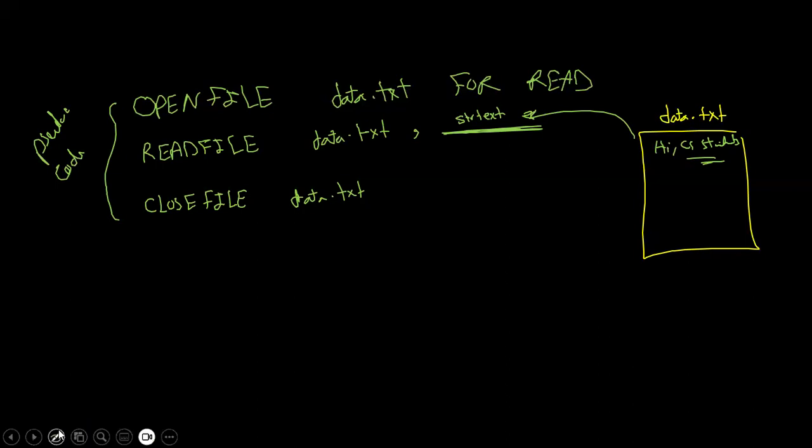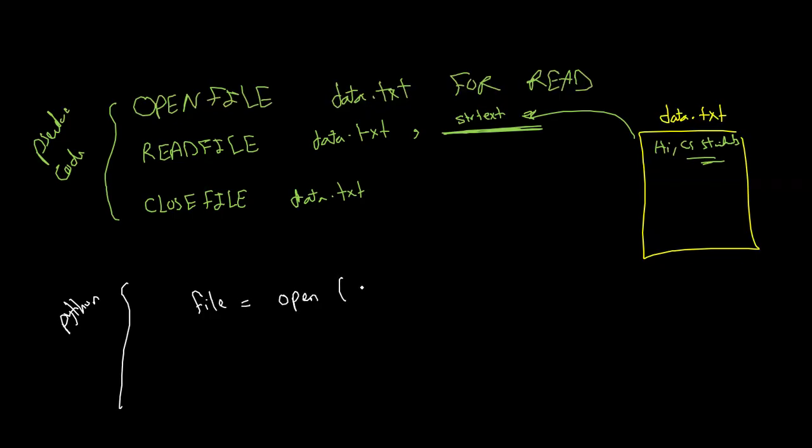If I want to write it in Python, if I want to read data from file in Python, I will mention that file equal open data.txt, and then data equal file dot read, and then file dot close.